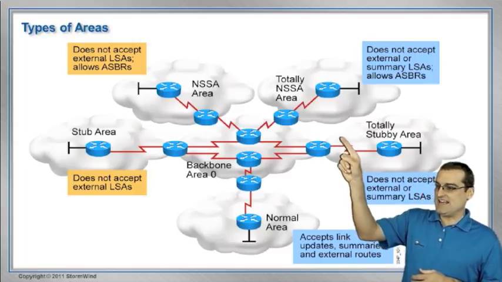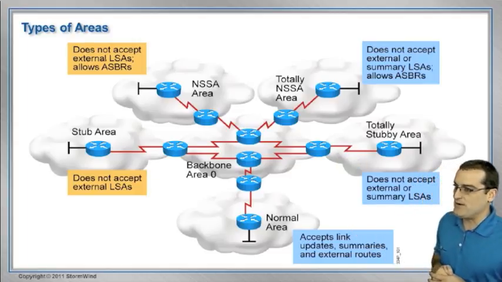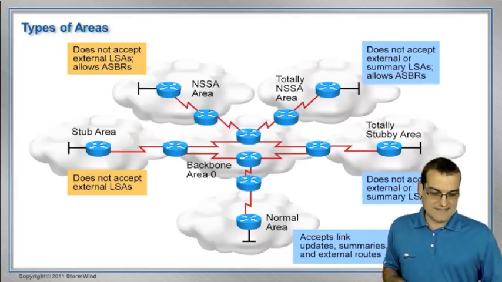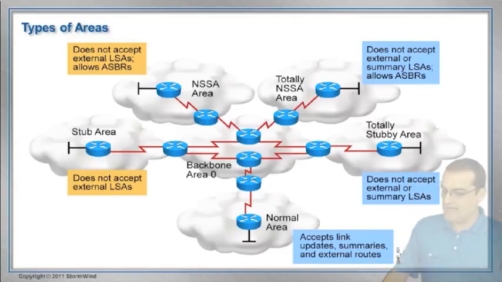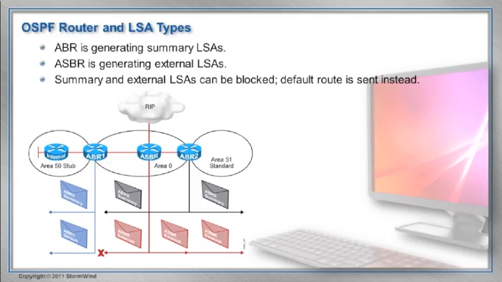We can even see an example of what I was mentioning a moment ago, that totally not so stubby area in our particular topology. Remember, our LSA types here are critical when it comes to these special areas, and we'll be reviewing how the special areas are going to dynamically filter on certain LSAs when we create them.